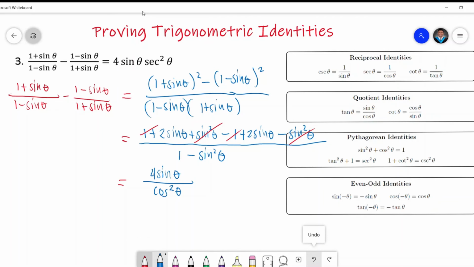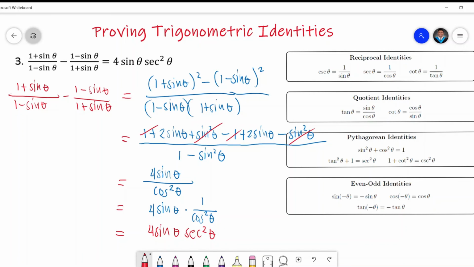Okay, now at this point, we can rewrite this expression into 4 sine theta times 1 over cosine square theta, which gives us 4 sine theta times the equivalent identity of 1 over cosine squared theta, which is a reciprocal identity, and that is equal to secant square theta.